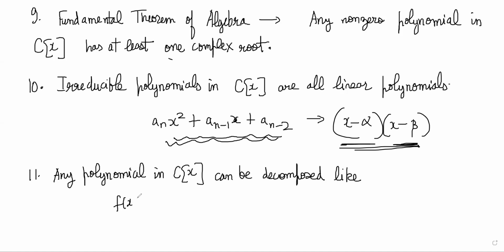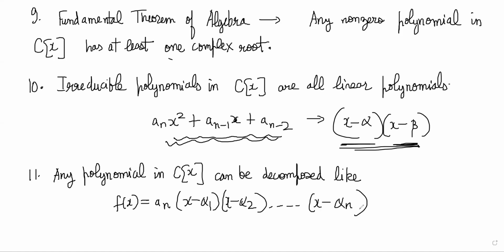Basically, f of x can be written as a_n times x minus alpha 1, x minus alpha 2, and let's go till degree n. Or you could have a situation where some of the roots are repeated, so you might have multiplicities on each root. So that is also a possibility. So basically, any polynomial in C of x can be decomposed in this fashion.